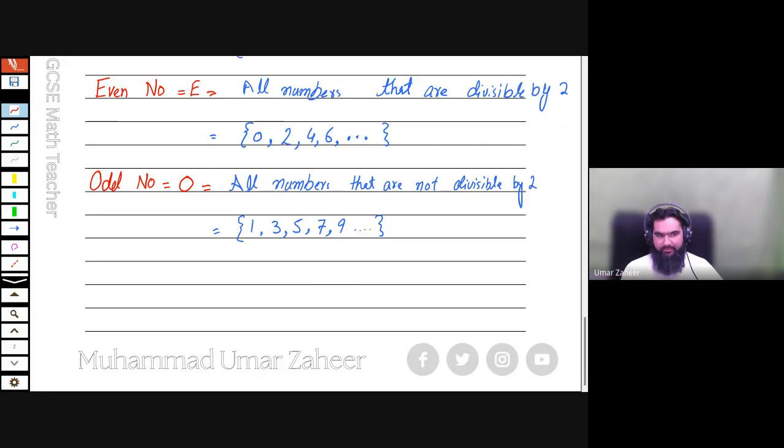Now the next we have is prime numbers. Prime numbers are mostly denoted by P. Can anyone define prime numbers? Which numbers are prime?